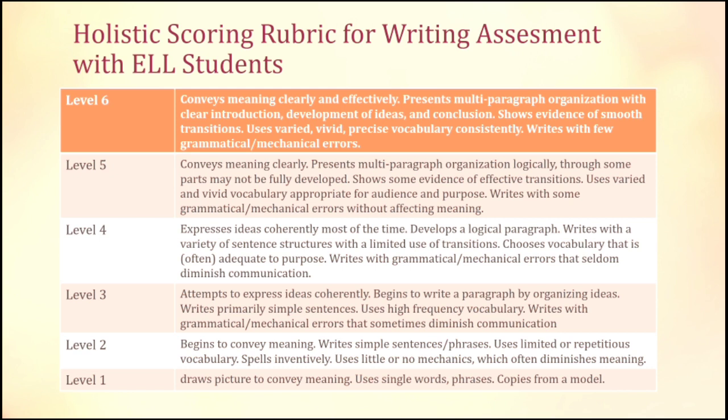And in level 6, the learner or student can convey meaning clearly and effectively, present multi-paragraph organization with clear introduction, development of ideas, and conclusion. Shows evidence of smooth transition, uses varied, vivid, precise vocabulary consistently, and writes with few grammatical errors, only little errors.